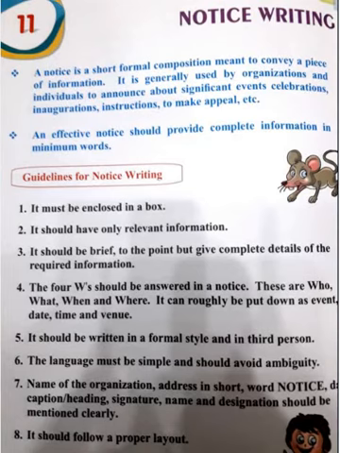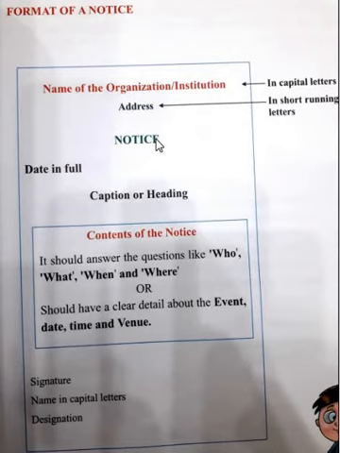Now, the format of a notice. Whenever you are writing a notice, as I told you, you have to make a box. Initially you make a box, then you write the name of the organization or institution in capital letters, then the address in short running letters, then you write notice in bold letters.